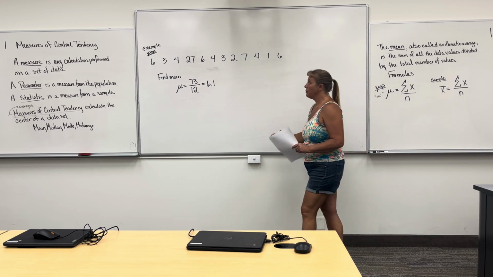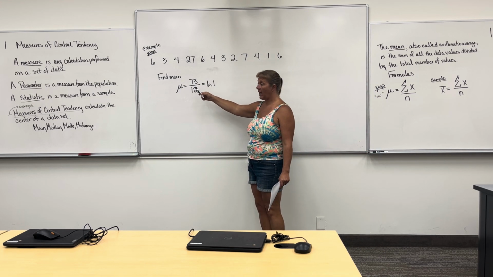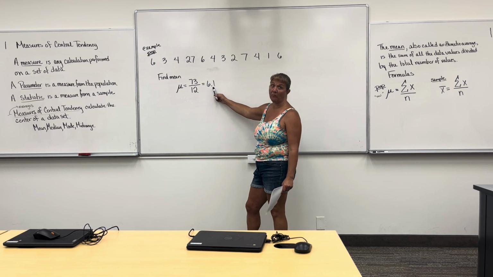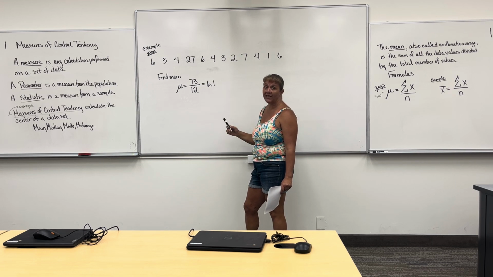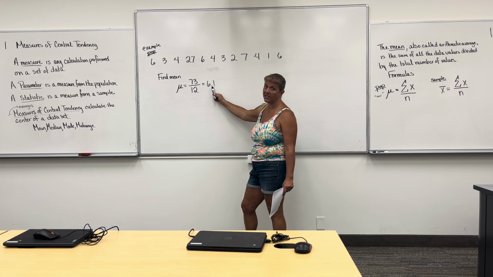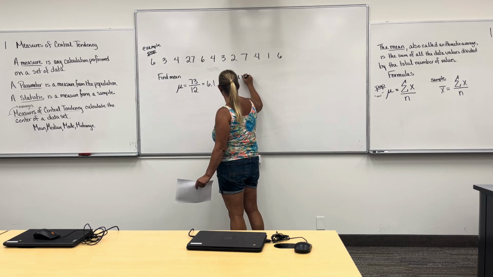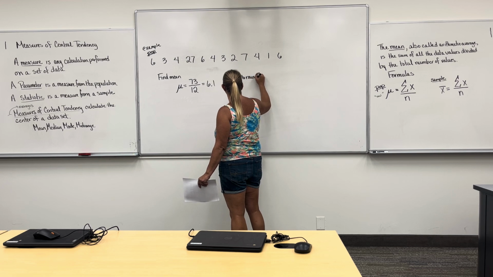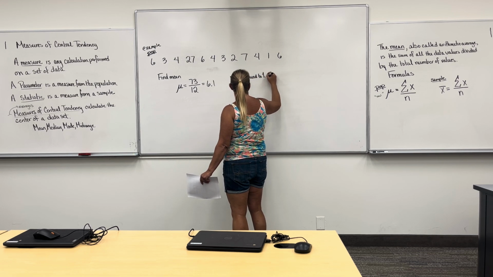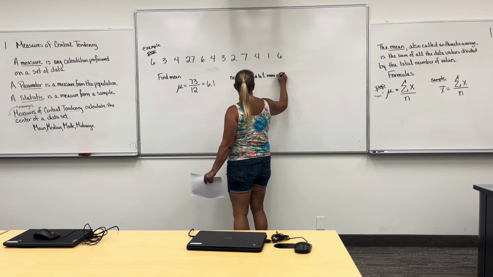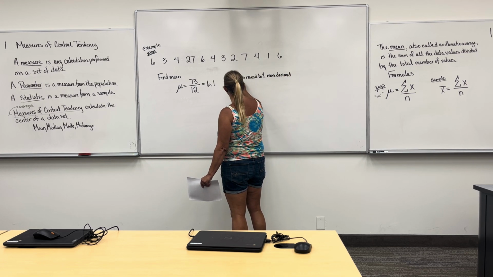All right, now, when we do a calculation and a number pops out that is not perfect and has a decimal, we have to carry that decimal. Do not round this to 6. If you round this to 6, you're not going to get credit for that. So we need to round to one more decimal than the data.